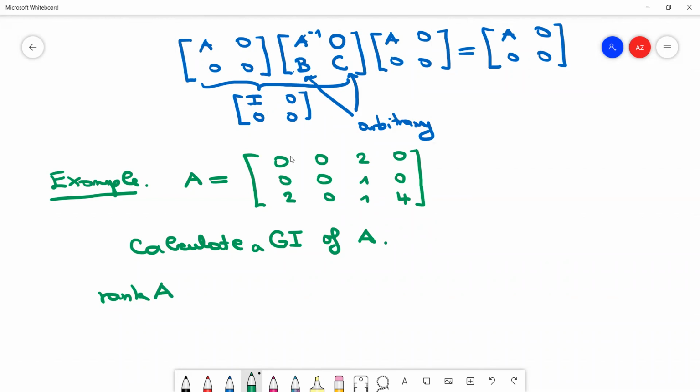For example, here we have 2, here we have 0. So the third must be multiplied by 0 to get the first, but then in the third column, the numbers won't match. So rank of A is 2.